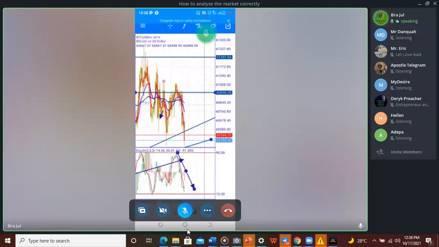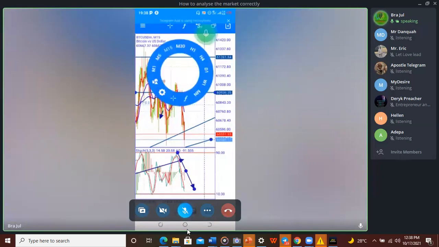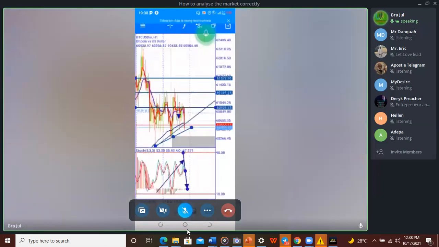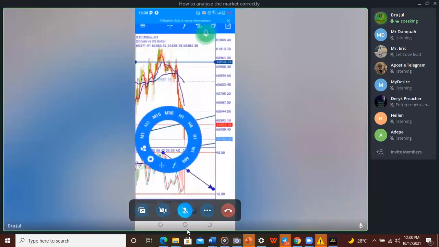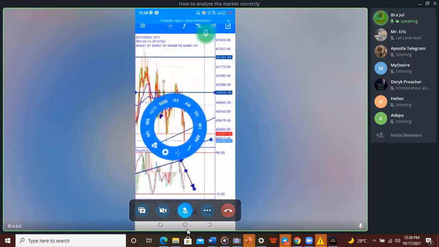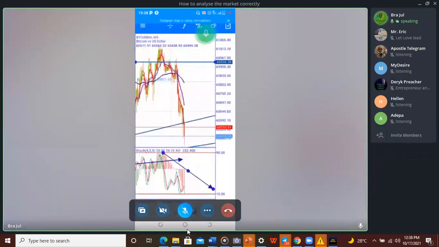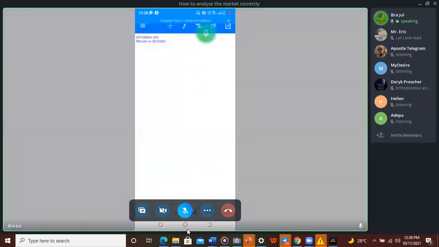So as we see it approaching this middle trend line that we drew here, we want to see whether there is a bullish movement forming on the M5 and the M15 thereabout. If that bullish movement is not strong, then just watch it until you see a bullish movement forming.